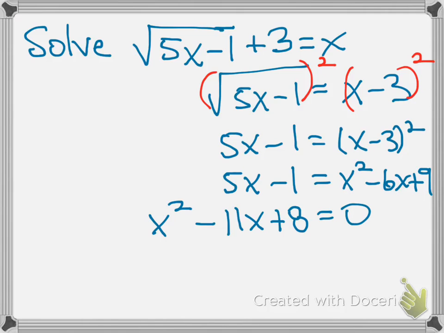So now you've got that quadratic expression on the left side, and you can solve it using any of the methods that we talked about earlier this year. You could use the quadratic formula here, you could complete the square, or if possible, you could factor. So let's see, are there any factors of 8 that we could combine to get negative 11?